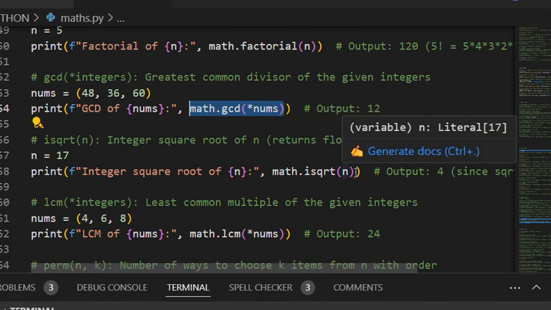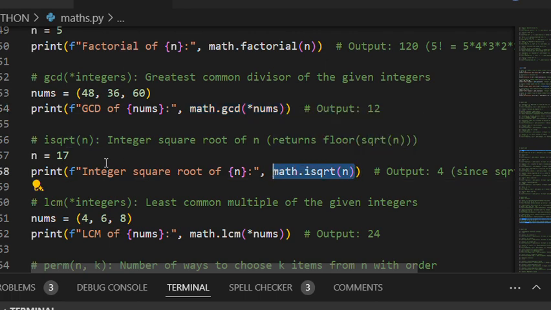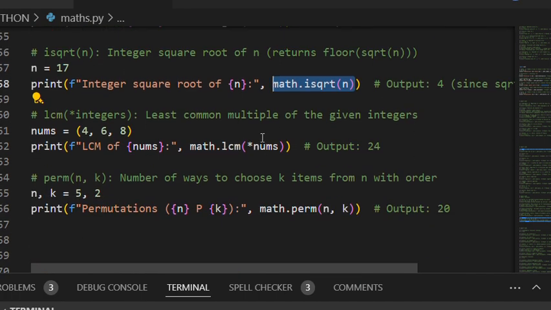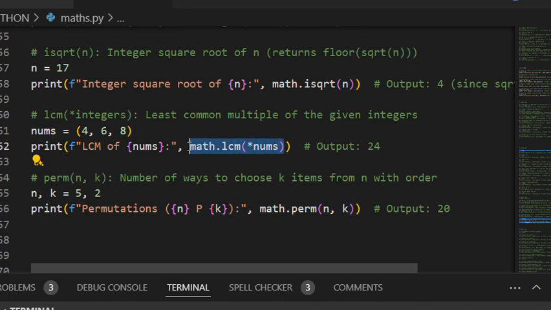Then we have math.isqrt, which gives the integer square root; for 17 it is 4, so we'll get output 4. Then, similar to gcd, math.lcm gives the LCM of all the integer numbers inside nums. Then we have math.perm(n, k), which gives nPk, and 5P2 is 20, so its output will be 20.